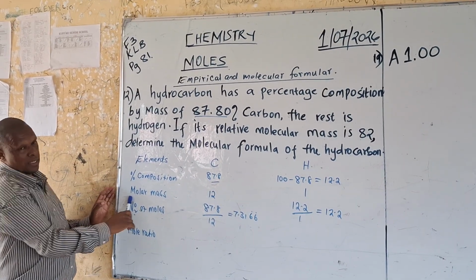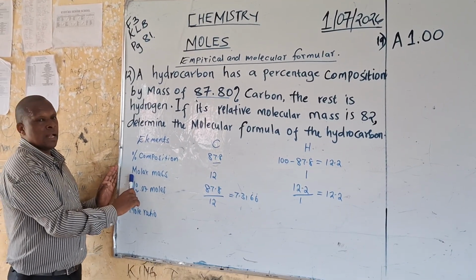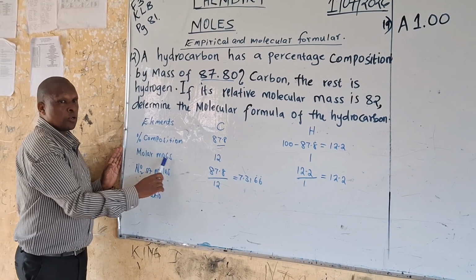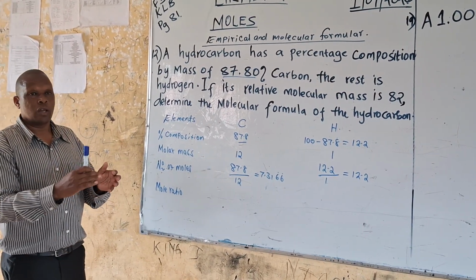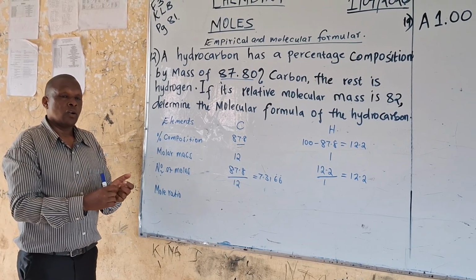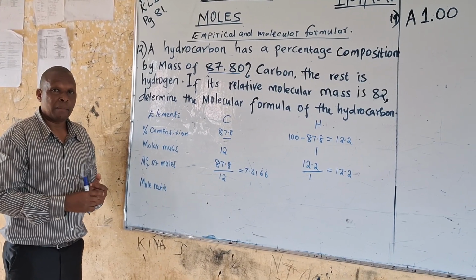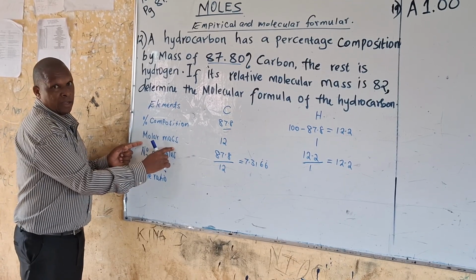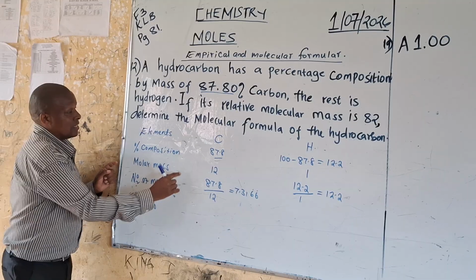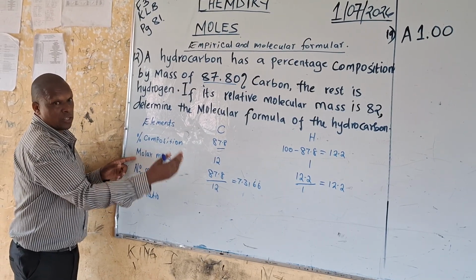The next is molar mass. Most people usually write relative atomic mass. We are supposed to write molar mass because it accommodates all, whether it is atomic mass, relative formula mass, or relative molecular mass. So molar mass is usually preferred because you cannot get it wrong. If you write molar mass and it is an ionic compound, then you are actually right.